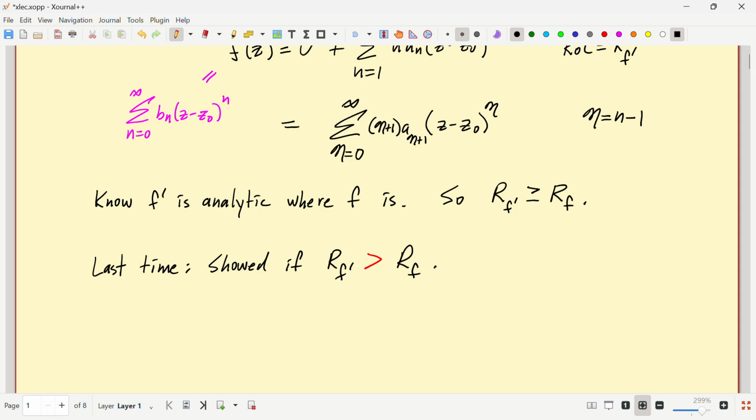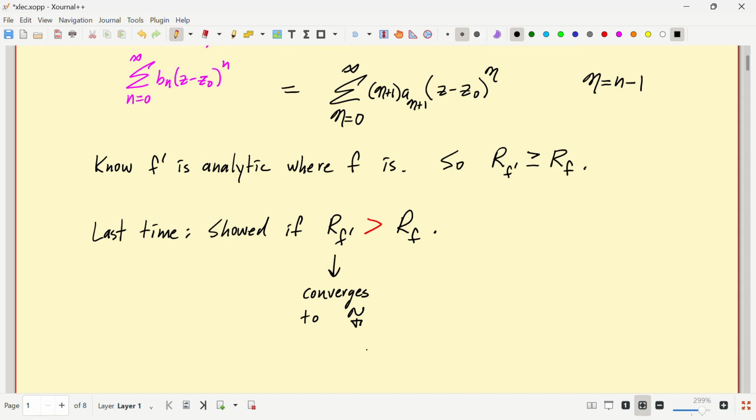So that power series would converge to something, and I called it fancy f. And then you could take an antiderivative of fancy f and see that the power series for little f converges on the same, at least that bigger disk, and that's a contradiction.